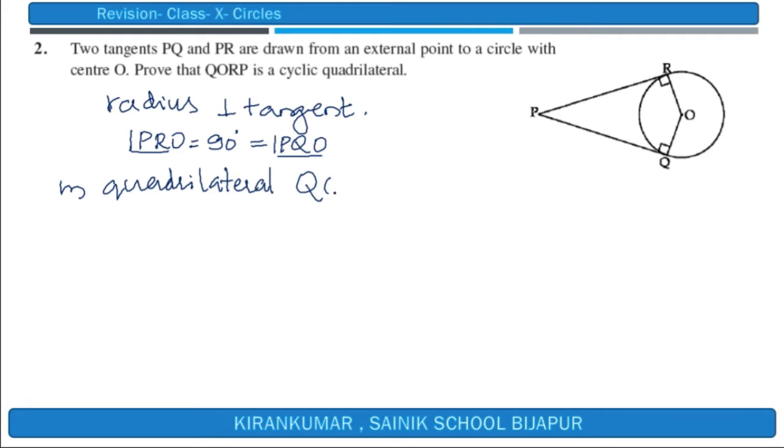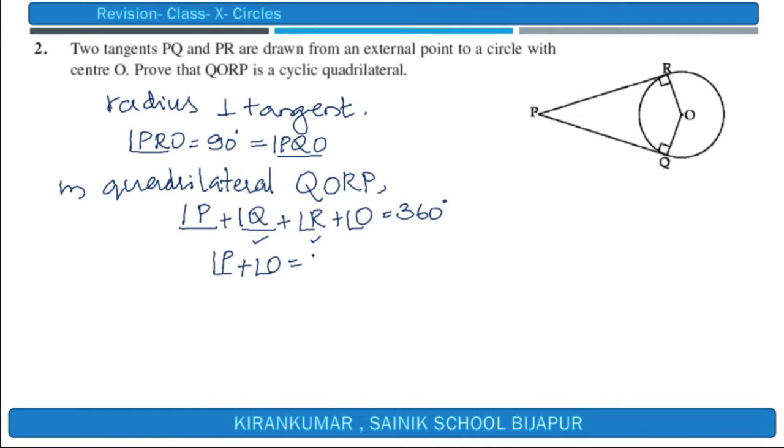So in the quadrilateral QORP, we have angle P plus angle Q plus angle R plus angle O equal to 360 degrees. We have these two angles equal to 90 degrees each, so we get angle P plus angle O equal to 180 degrees.